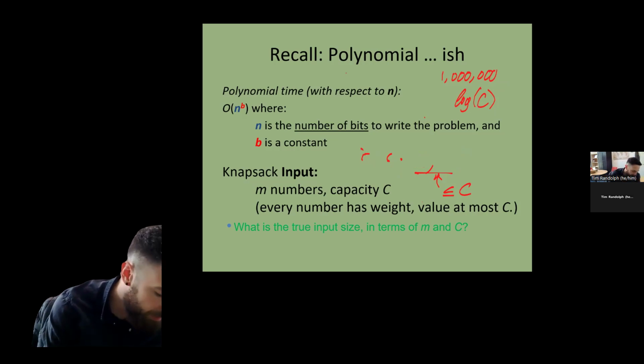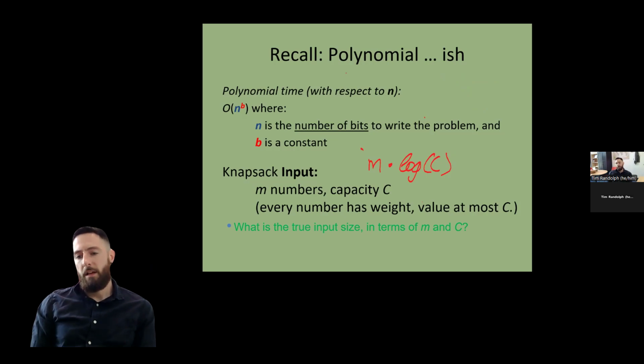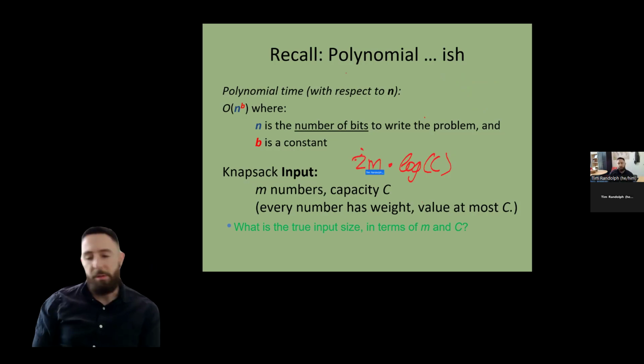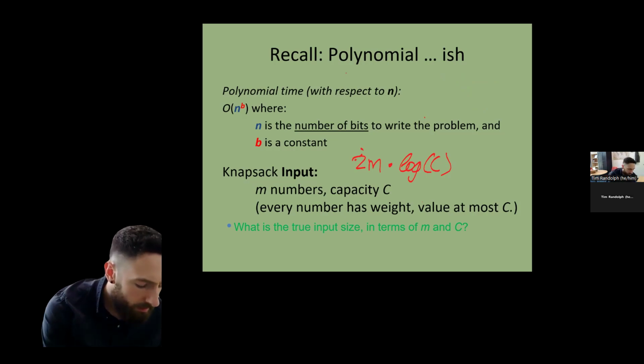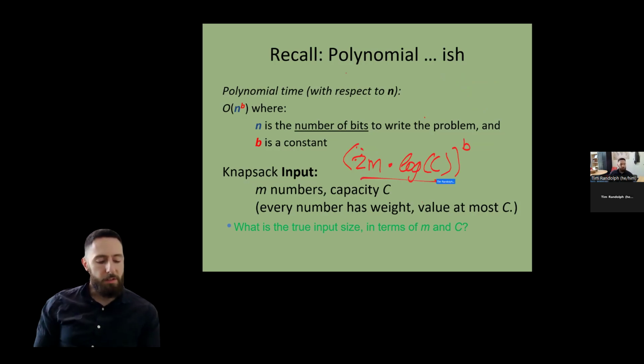So our actual problem size turns out to be M numbers times about log C bits. I guess 2M numbers times about log C bits to write each number down. And polynomial time with respect to our input, if we're being super nitpicky, is this value to the constant b. That is the size of our input to a constant b.